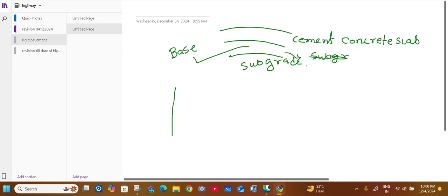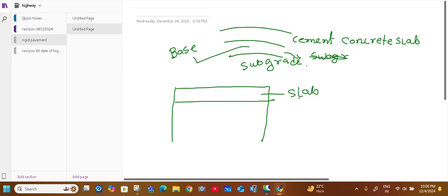So, three layers exist. The first is slab, the other is base course, and the third is subgrade.